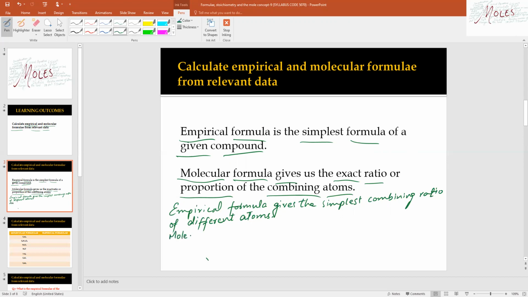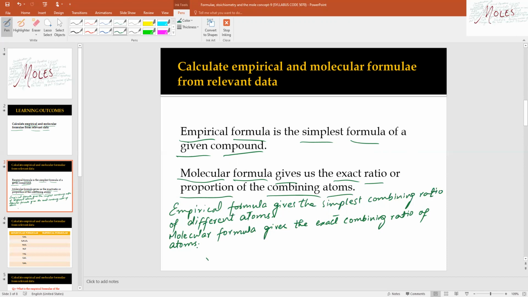Molecular formula gives the exact combining ratio of atoms. In some cases, both molecular and empirical formula are same for a given compound.